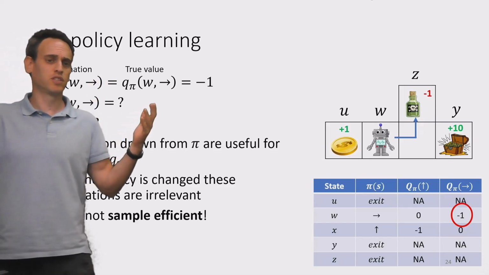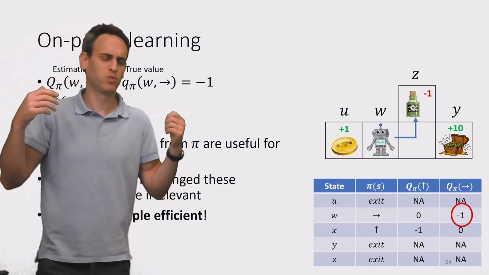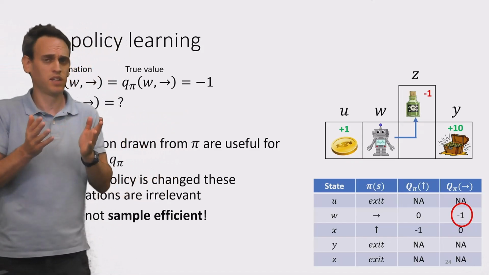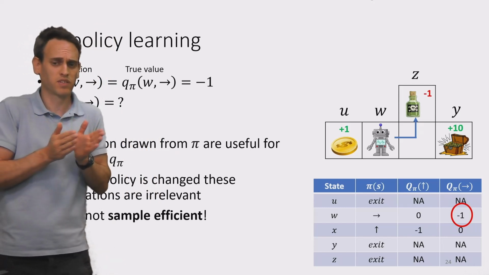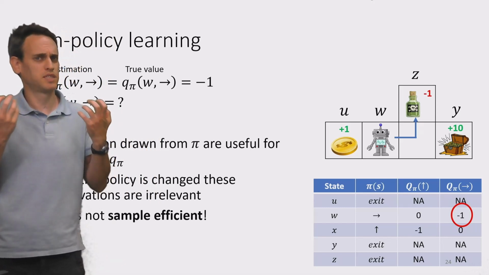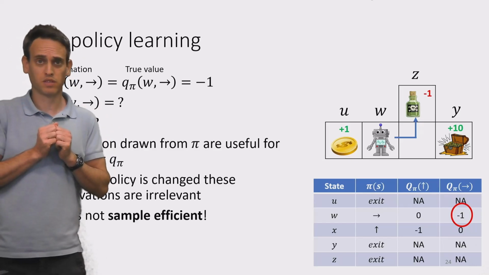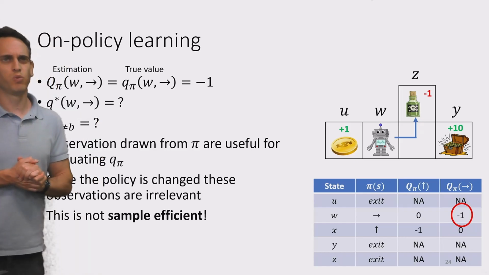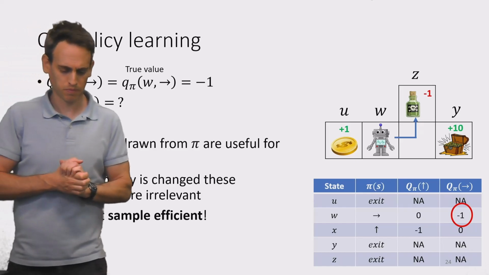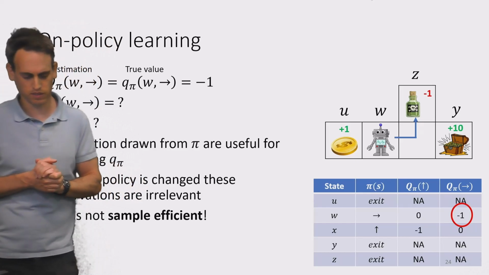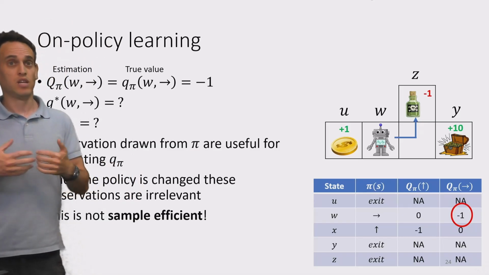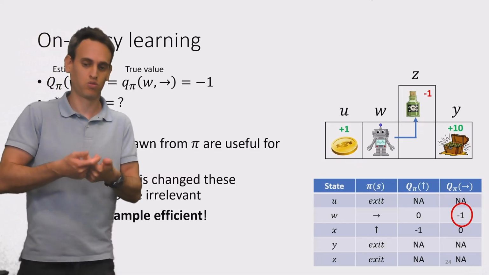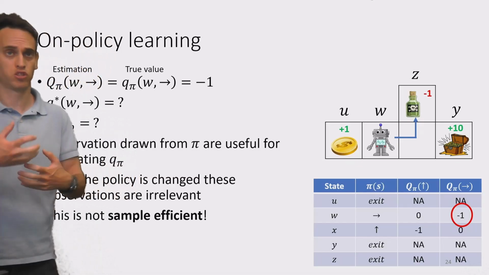It's not sample efficient because, as we know from our everyday life, even if we slightly change our behavior, our previous experience might still be relevant to some extent, right? And the question is, how can we use such previous samples, such previous experience, to help us converge towards the optimal policy, even though we change the policy?